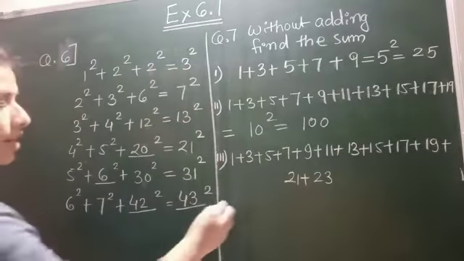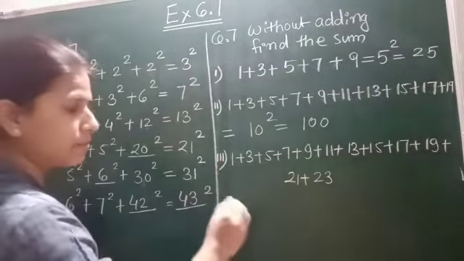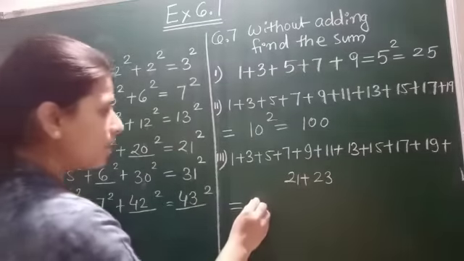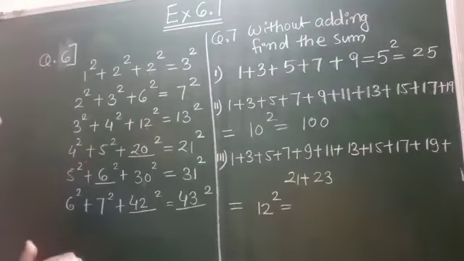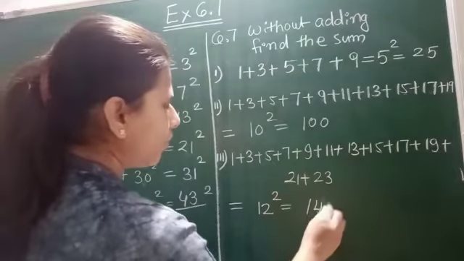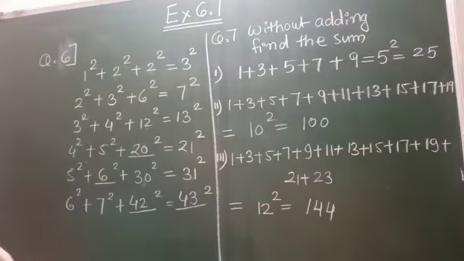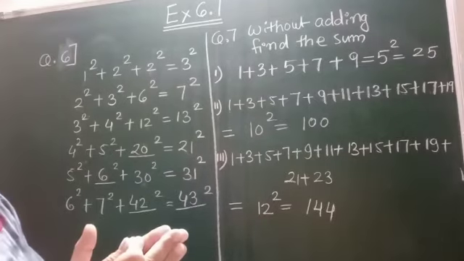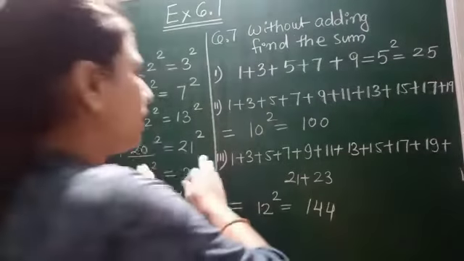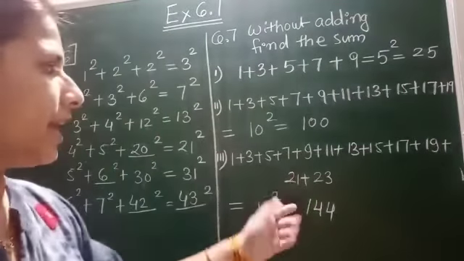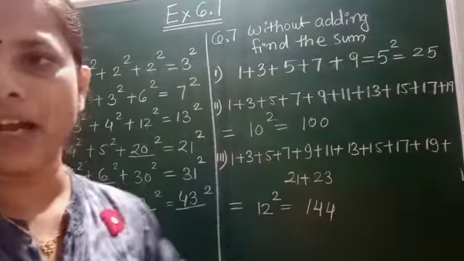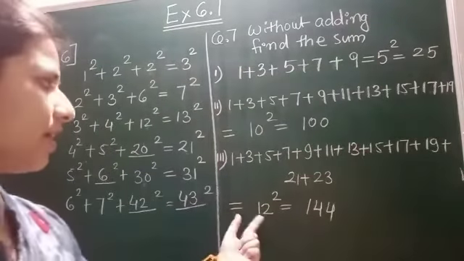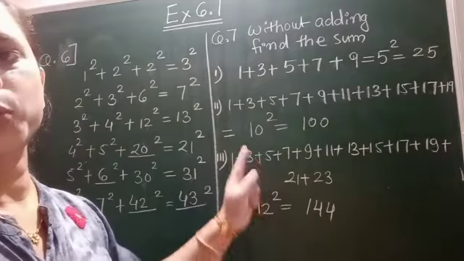There are 12 odd numbers we have to add here, so the addition will be 12 square, and as we know the square of 12 is 144. This one is a very interesting formula, student. Directly, no need to add this many numbers, directly you can apply this formula. Just count how many odd numbers there are and raise it to the power 2. Okay.